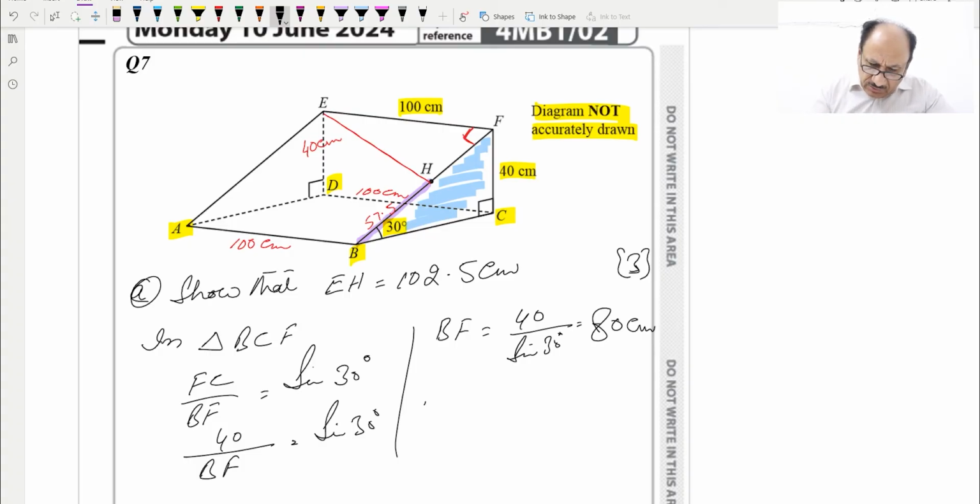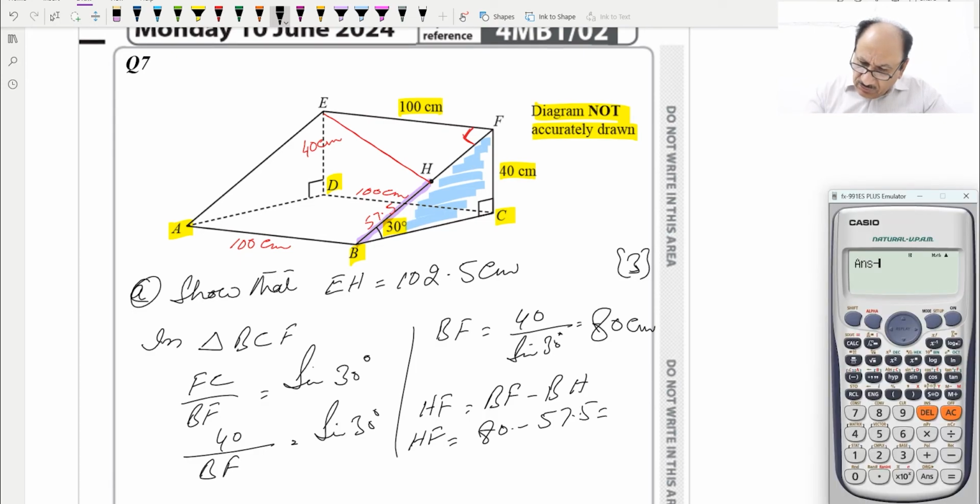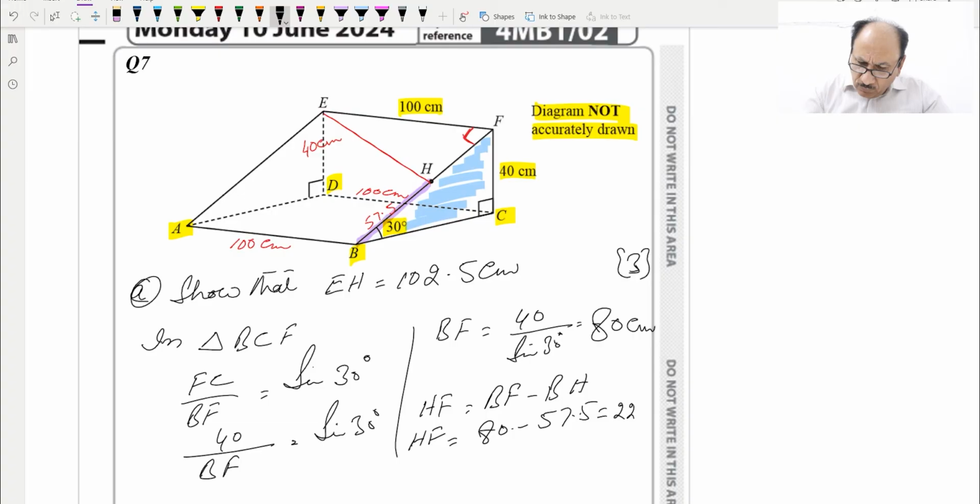We can write HF is equal to BF minus BH, and this is equal to 80 minus 57.5, and this is equal to 22.5 centimeters. This length is 22.5 centimeters.